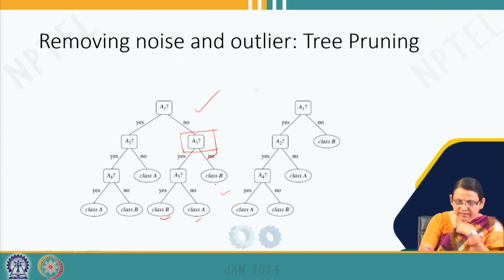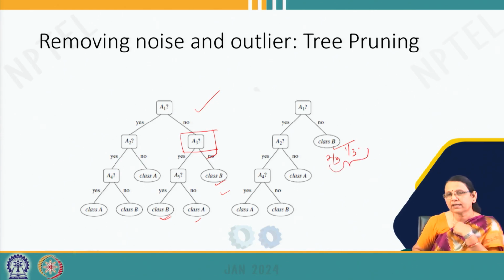The highest occurring one. So, either I put it as class B, or I put a distribution like 2 by 3 times I am going to get class B and 1 by 3 times I am going to get class A. Either you put some kind of distribution actually counting the records, or you simply put it as class B. So, that by chance if something is erroneously detected as class A, it is eliminated.